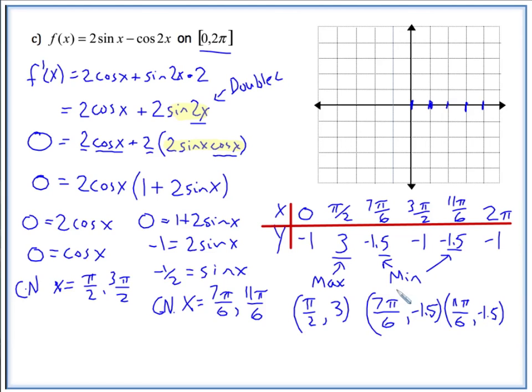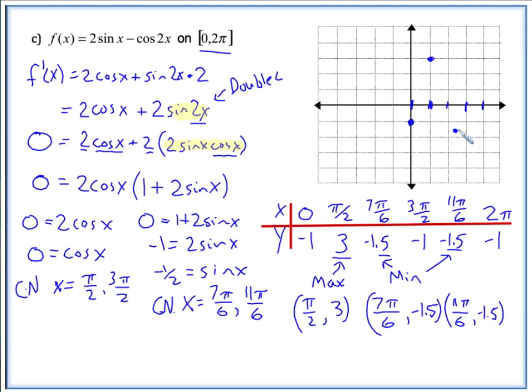Alright, so let's go ahead and plot all of our points and show that these are the mins and maxes. So we have 0, negative 1, we have pi over 2, comma 3, we have 7 pi over 6, okay, so that's just going to be a little bit more than pi, and that's going to be here at negative 1.5.